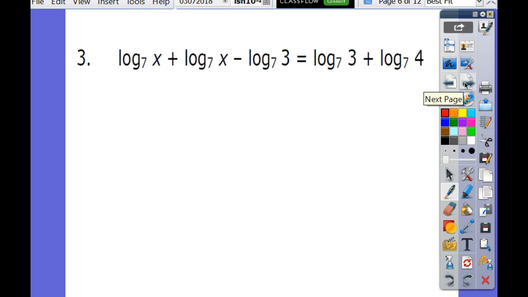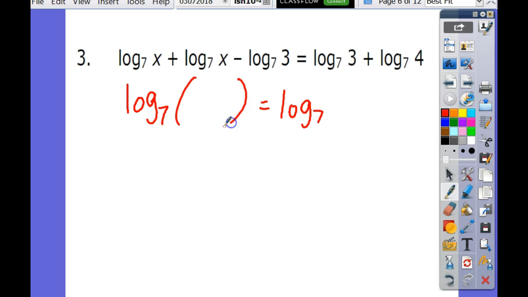When we are solving a log equation and we have logs on both sides, I need to condense so that I have a log base 7 over here equal to a log base 7 over there. So what is this going to condense to? Do you see the subtraction sign?